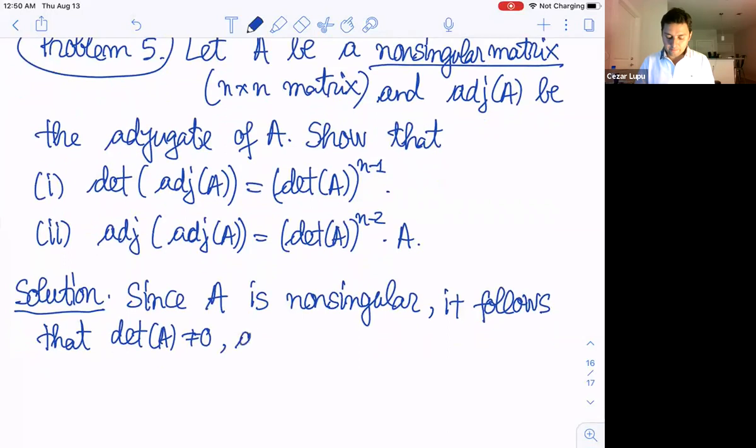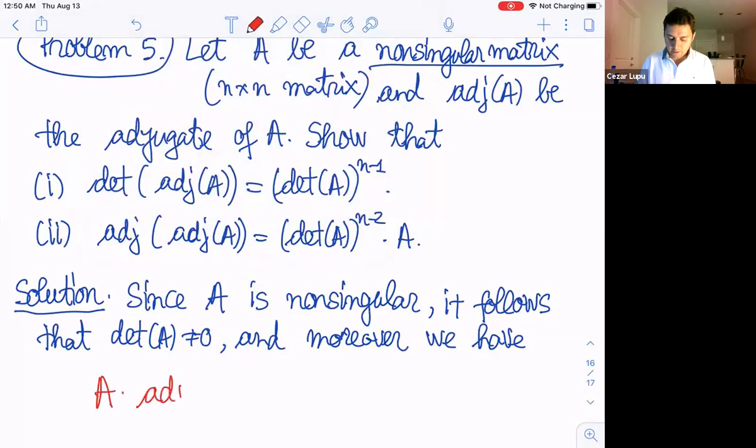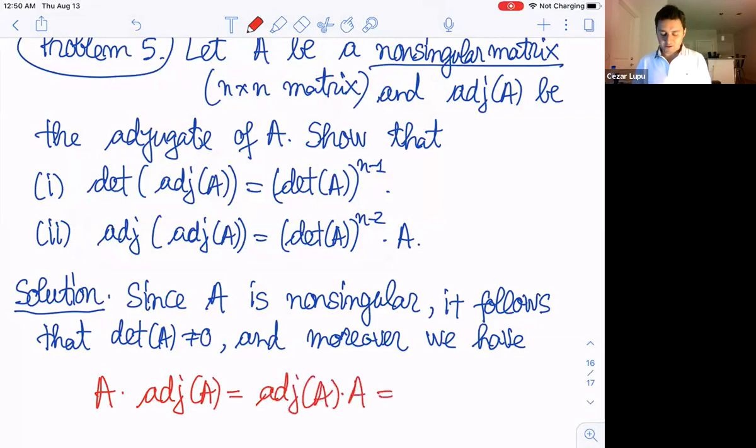And moreover, we have seen this in one of the lectures, A will commute with the adjugate of A. And let me rewrite this. A times the adjugate of A will always be equal to the adjugate of A times A. And this will be nothing else than just the determinant of A times the identity.